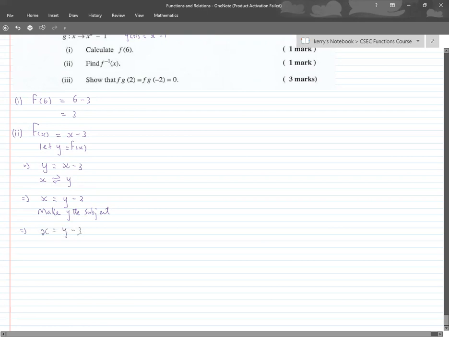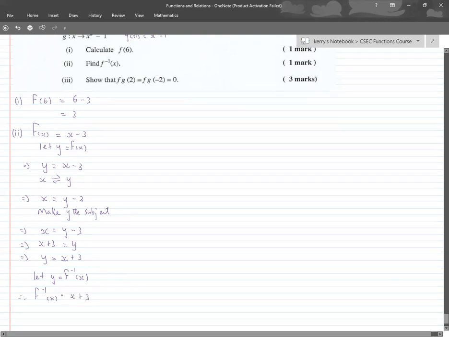To make y the subject, you just add 3 to both sides. And this will give us x plus 3 is equal to y. Or if we write it how we are normally accustomed to writing it, y is equal to x plus 3. And our last step now is replace y with f inverse of x. And we're done. Therefore, f inverse of x is equal to x plus 3.